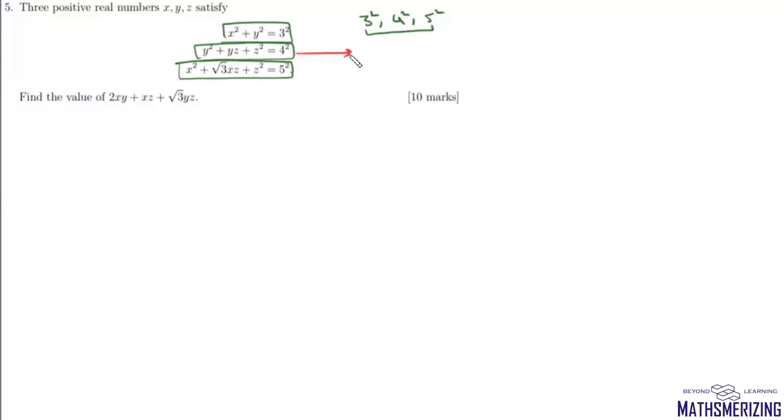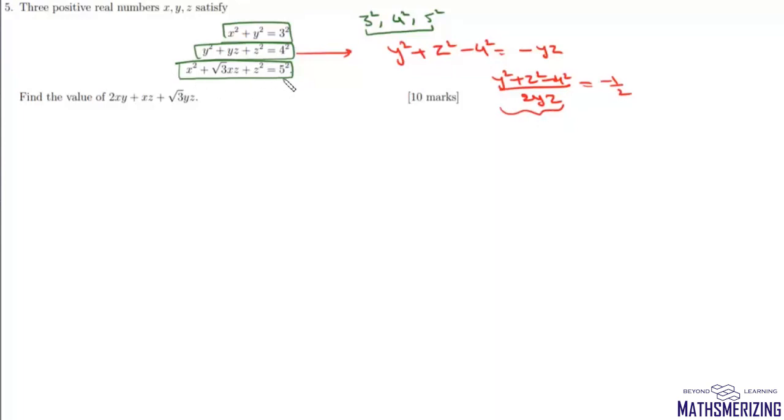Now if we look at the second result also, we can write this result as y square plus z square minus 4 square is equal to minus yz, and then we can write this as y square plus z square minus 4 square upon 2yz, and this is equal to minus 1 by 2, which simply looks like the cosine formula.